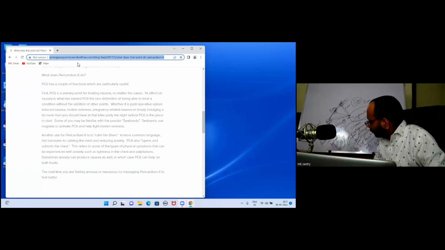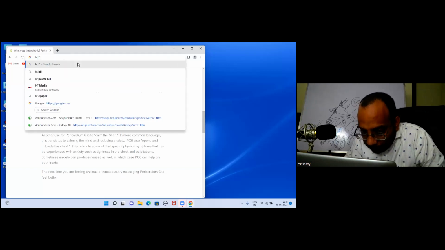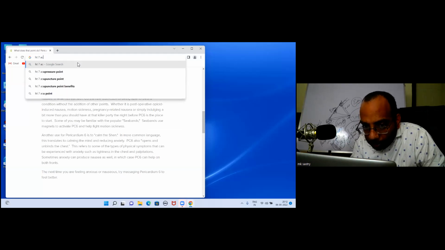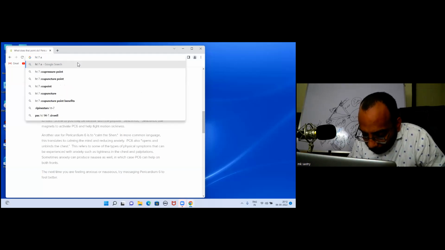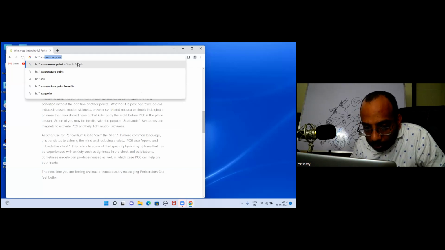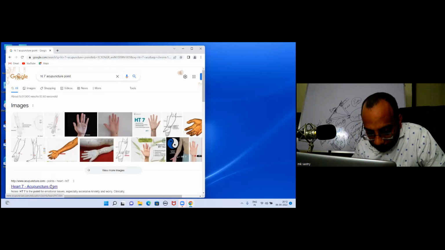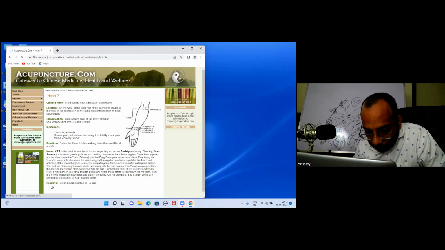Now comes Heart 7. Insomnia, amnesia, cardiac pain, palpitation due to fright, irritability, chest pain, mania, epilepsy, stupor.